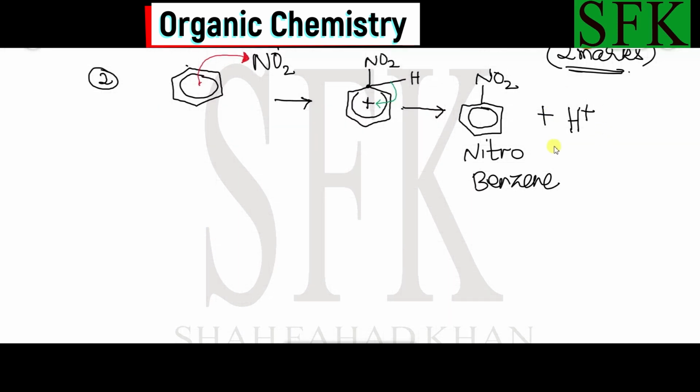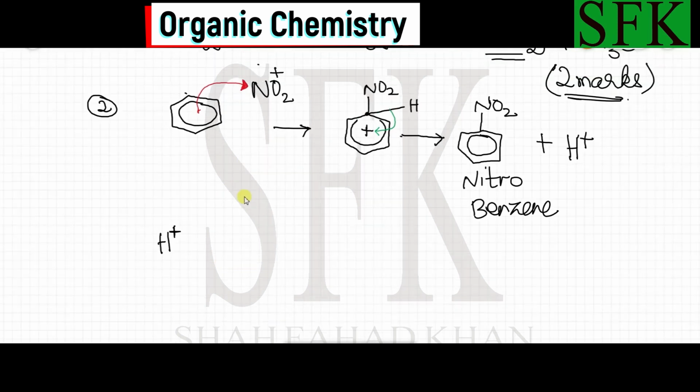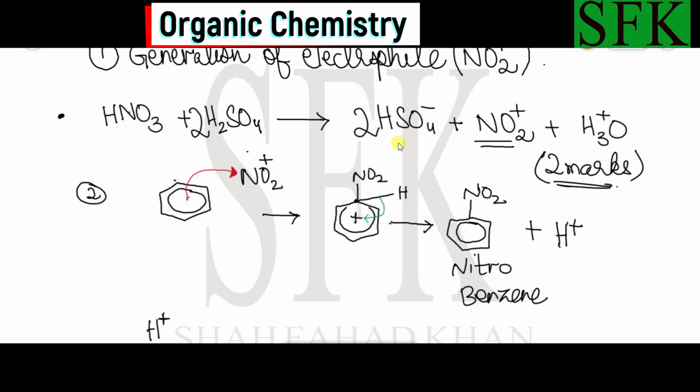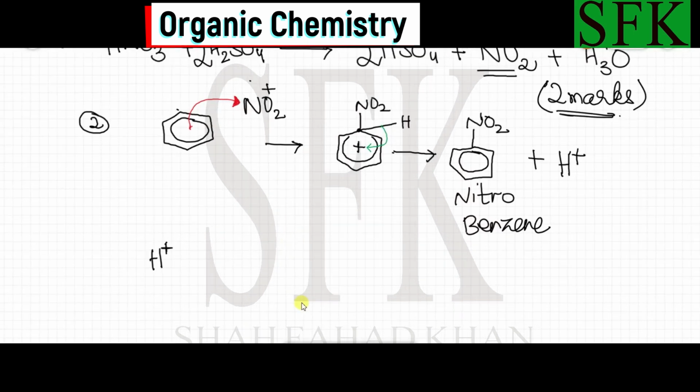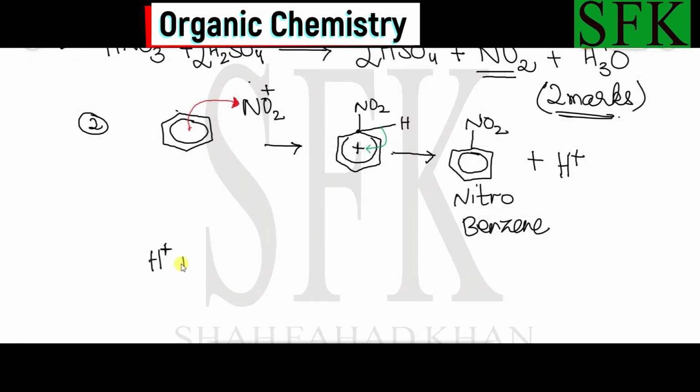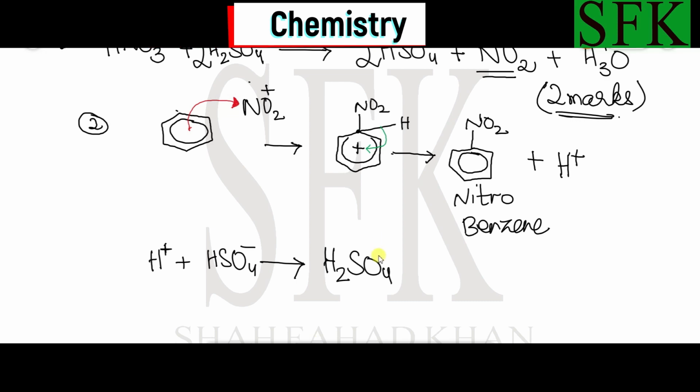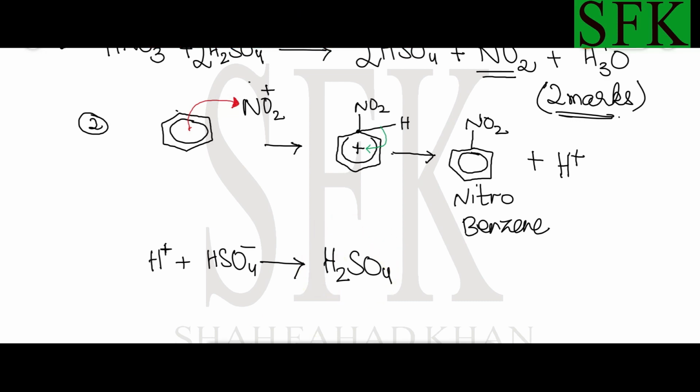Now the last step of this mechanism is this H+ over here. It reacts with the hydrogen sulfate ions which were formed initially and forms sulfuric acid again. Remember the sulfuric acid?